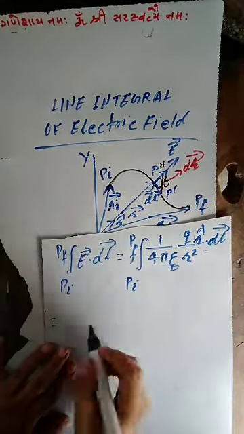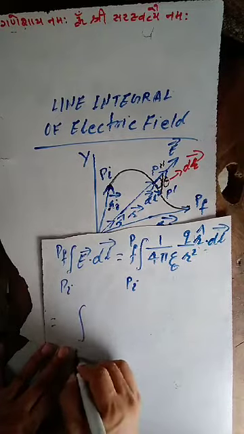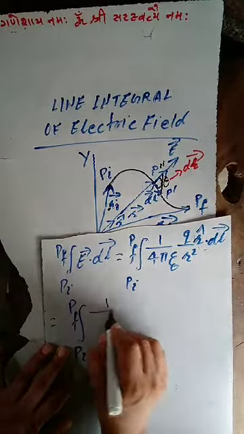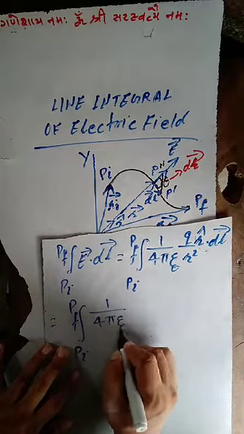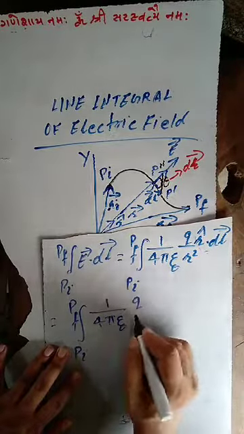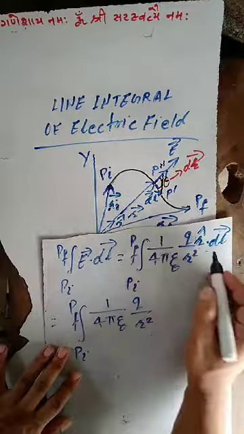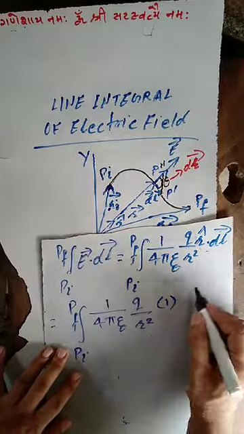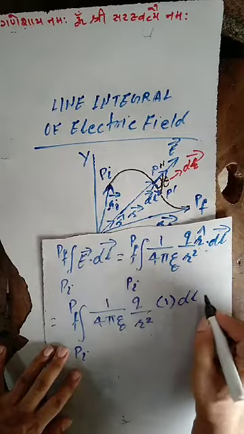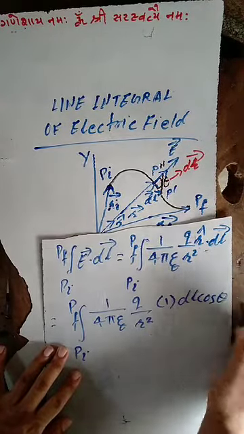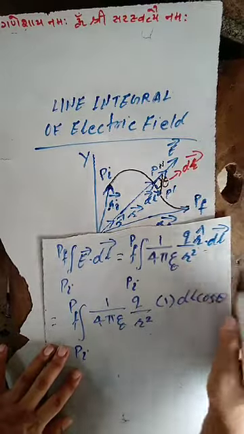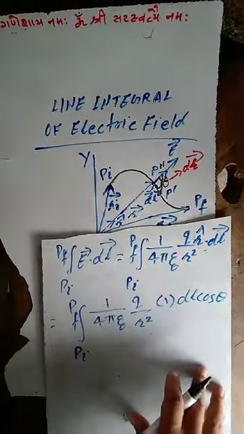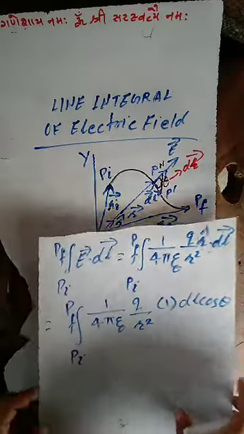So the dot product, we know, will be integral from initial position to final position of 1 by 4 pi epsilon naught Q by r square. r cap is a unit vector, so its magnitude is unit, and the angle between dl and r cap is theta, so it will be dl cos theta, right?